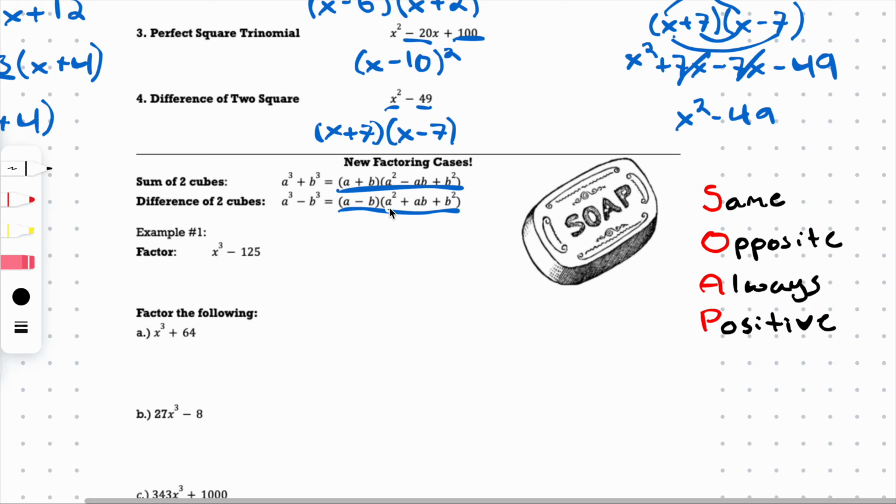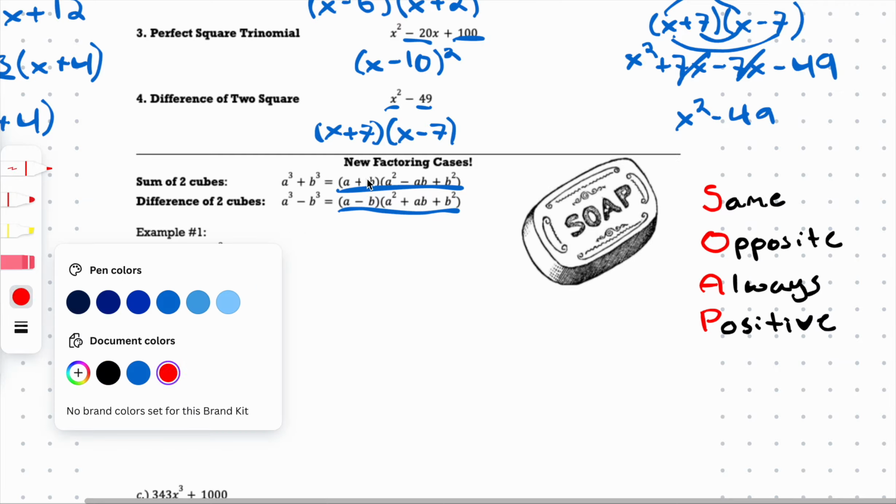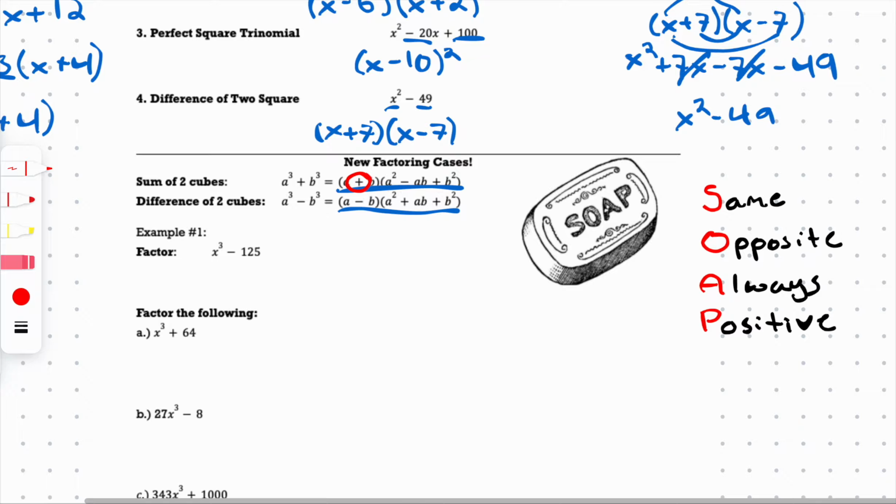Then we want the opposite sign, so the opposite of a plus is a minus sign, and then the last term is always positive, so it's always going to be plus b squared. We see the same thing here. When we have a negative sign, the difference of two cubes, we have a negative, and then we want the opposite of a negative, so a positive, and then we always have a positive here.